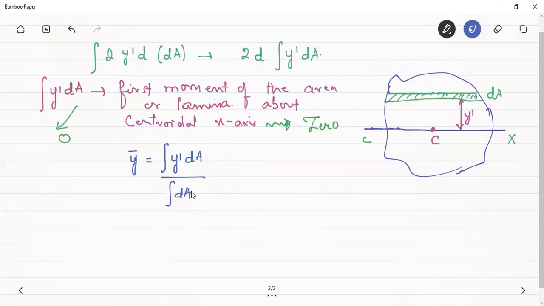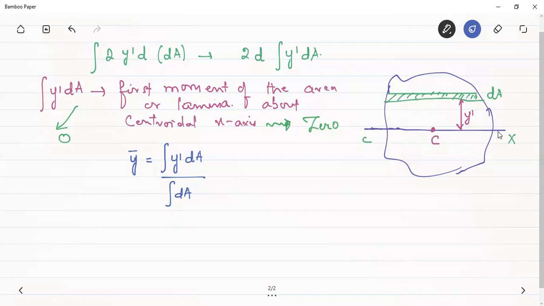But look at the figure. I am asking you to find the y coordinate of the centroid about the centroidal x-axis, that is the distance of the centroid above or below the centroidal x-axis. Obviously, that coordinate will be equal to 0, because this centroid is lying on the centroidal x-axis.